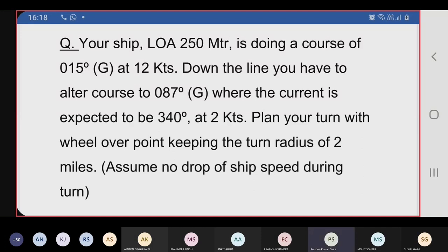Have you finished? Yes, sir. Okay. What we are going to do is give you the steps to follow in order to solve this question. Steps to follow to solve this. So you can write down these points.